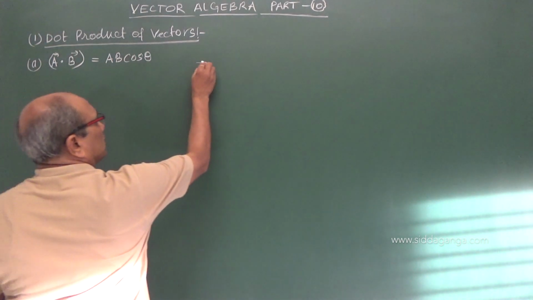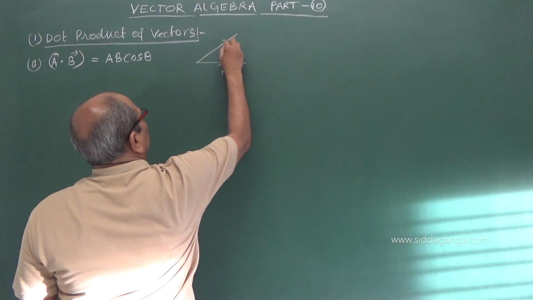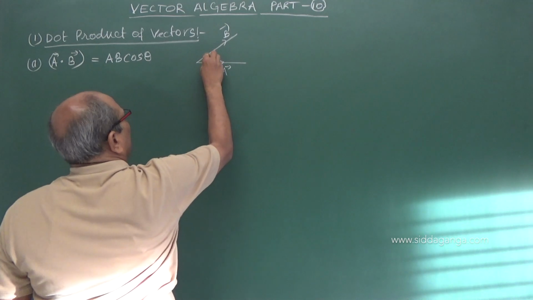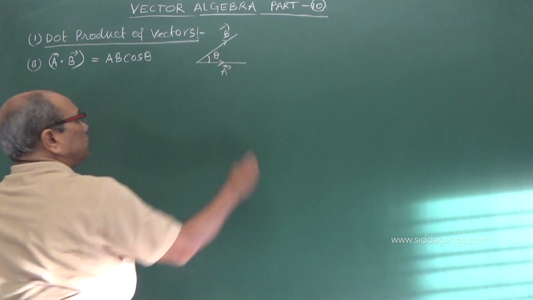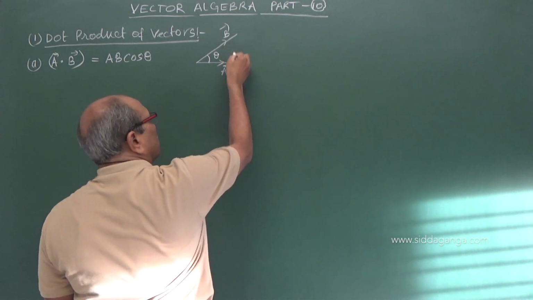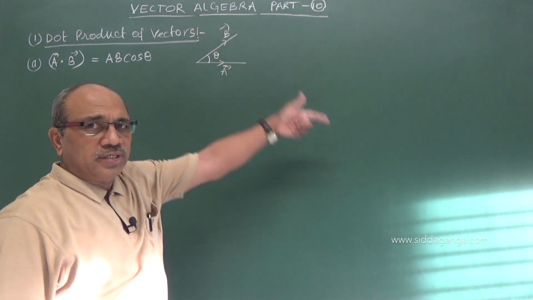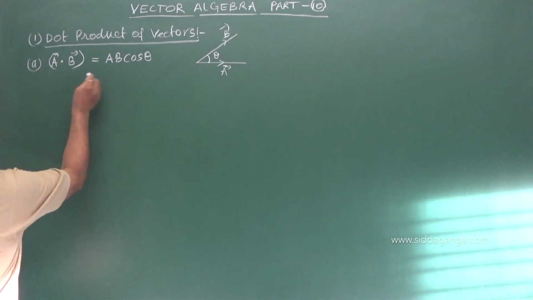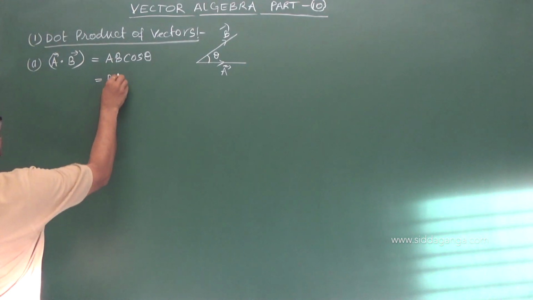If this is the vector A and this is the vector B, the angle between them is theta. Even I showed you whether you take B cos theta times A or A cos theta times B in the previous discussion. Therefore, I can write this as BA cos theta also.